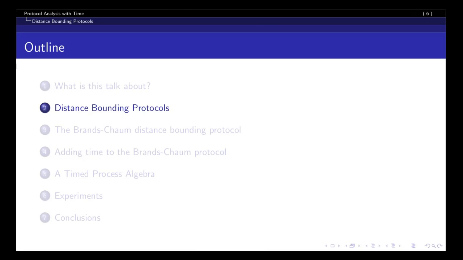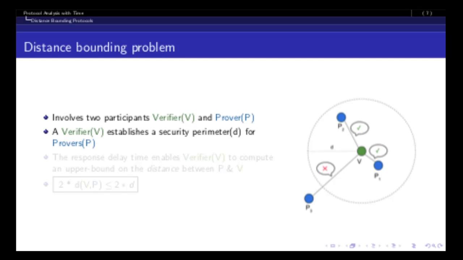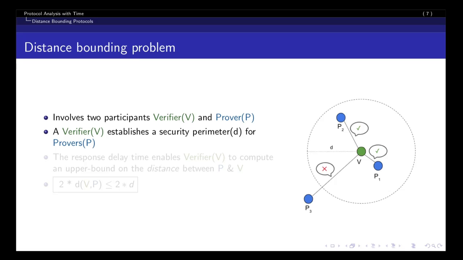Well, now the second point is what is the meaning of the distance bounding protocol. First, this type of protocol involves two types of roles, two types of participants: the verifier and the prover. The first step for the verifier is to establish a security perimeter, the area, for all the provers.